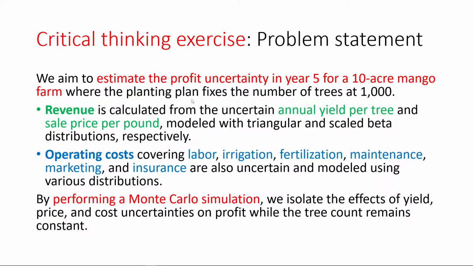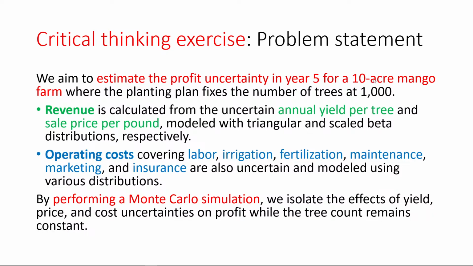The planting plan fixes the number of trees at 1,000. So in 5 years, we would expect to have 1,000 trees. This number is not uncertain; we consider it certain. Maybe we will consider that plants will not die, or that we will keep them in good condition. So by 5 years, in this 10 acre, we will have 100,000 trees.